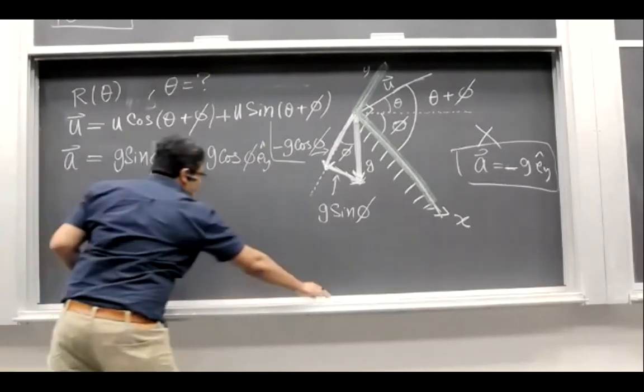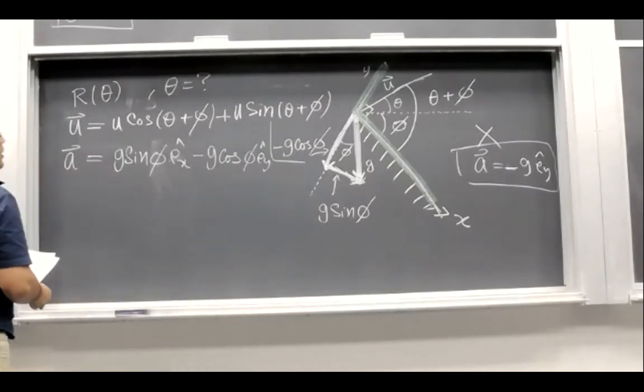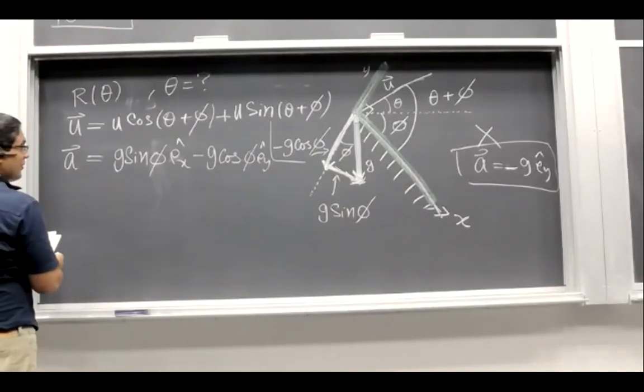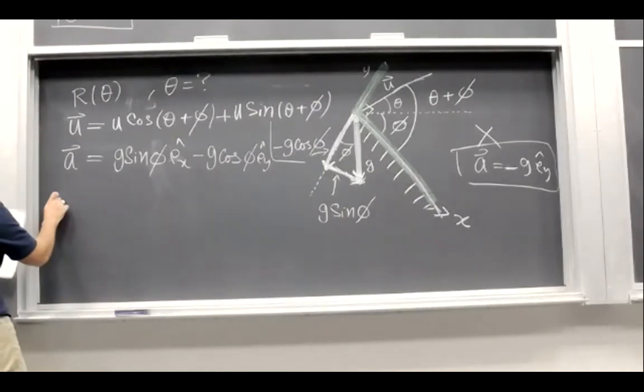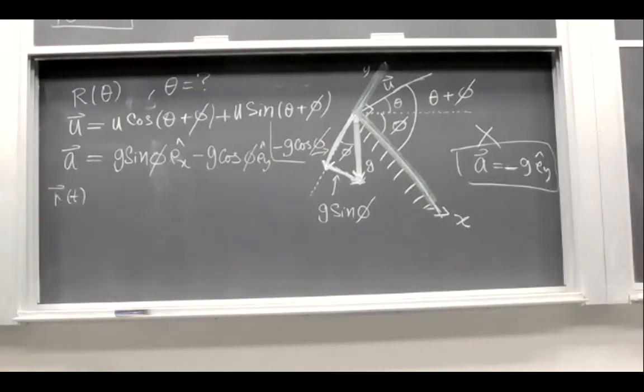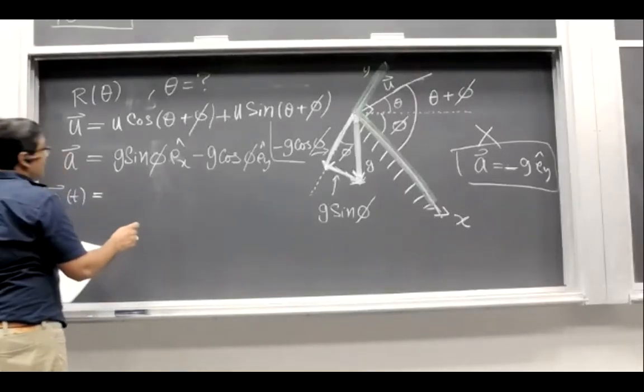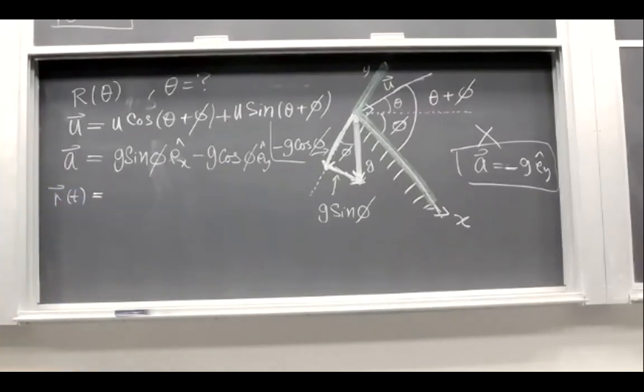So now we can write the position vector. We have written the position vector earlier. Now it's very simple, so we have to write the equation for the position vector, you remember already, right?